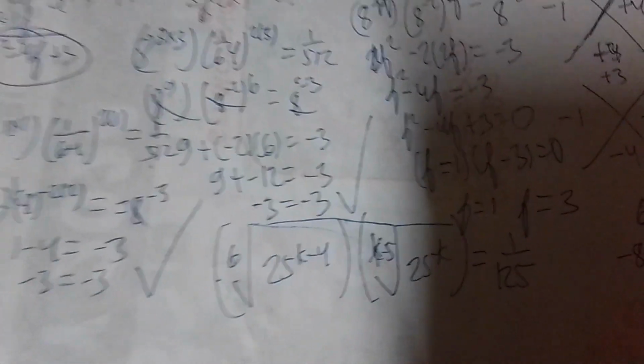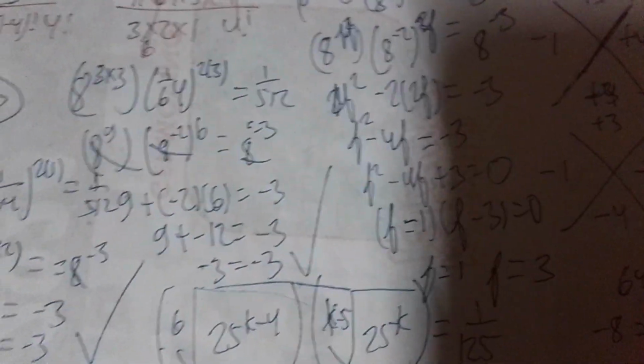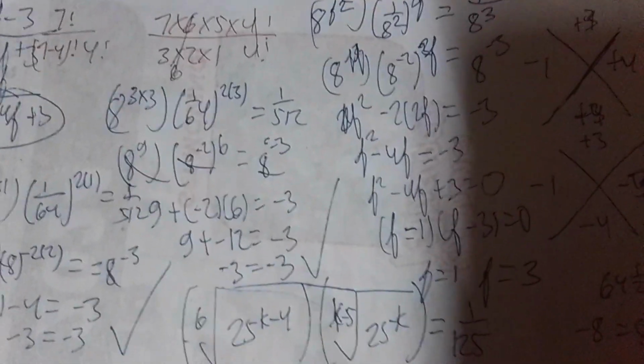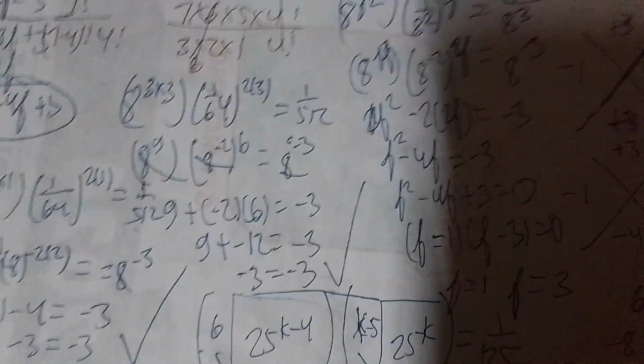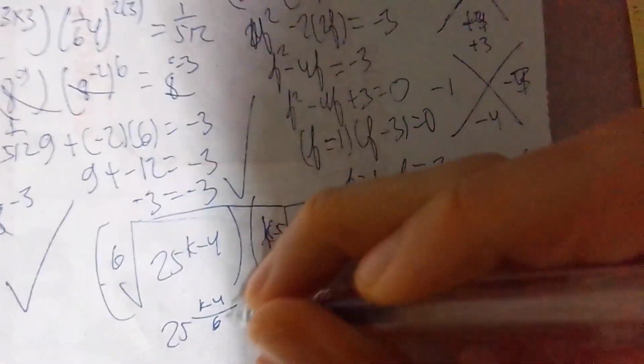Now, going back to this equation here, remember that 25 raised to the k minus 4 power, and then taken by a 6th root, is the same as 25 raised to the k minus 4 divided by 6 power. Very good. So it's rewritten like this: 25 to the k minus 4 divided by 6.